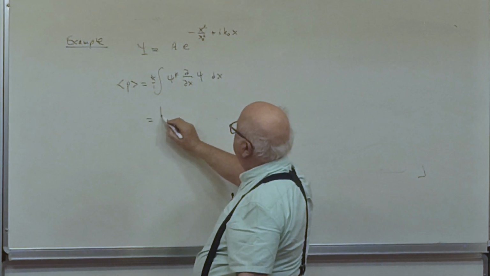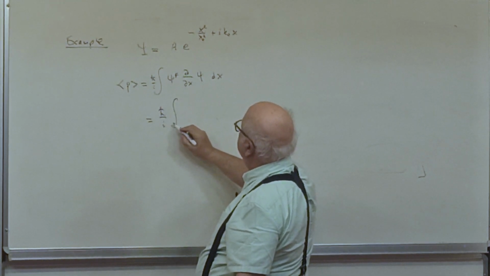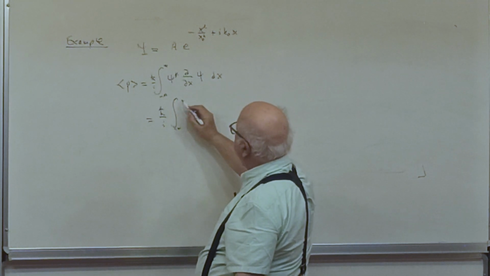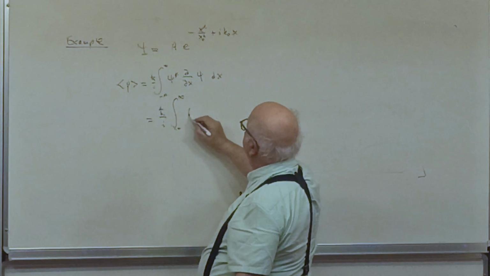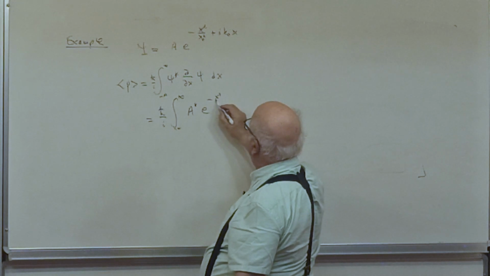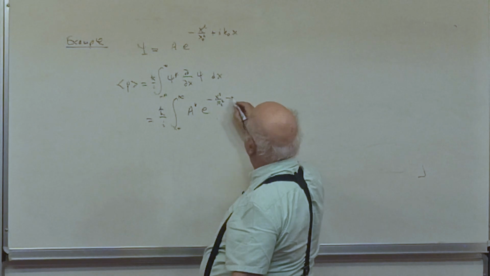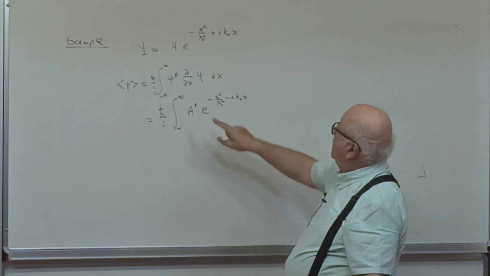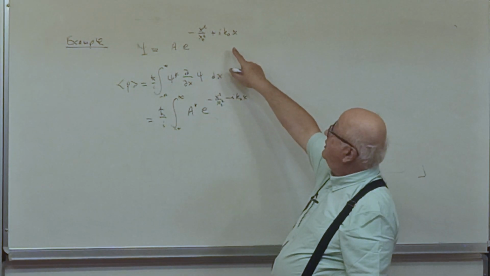Psi star is A star e to the minus x squared over x0 squared minus i k0 x. What does the derivative with respect to x do to this function?